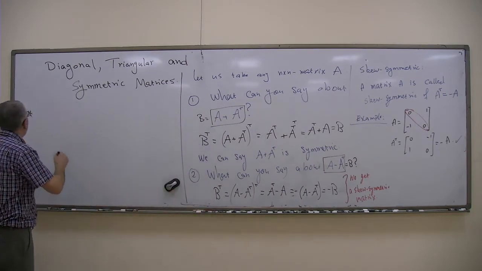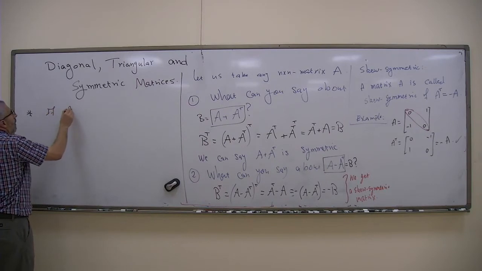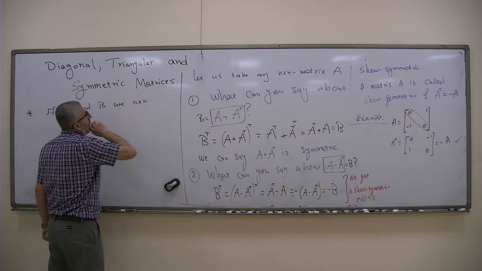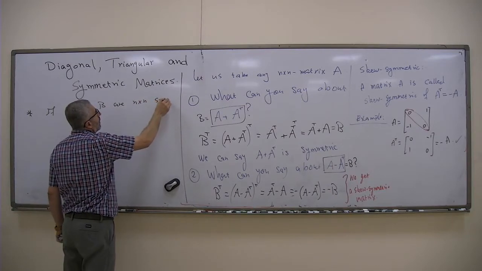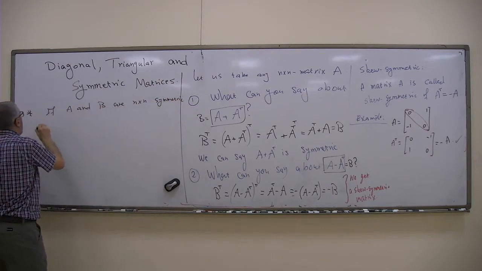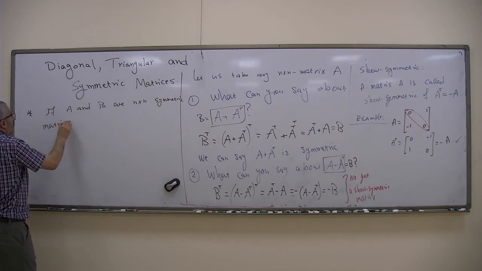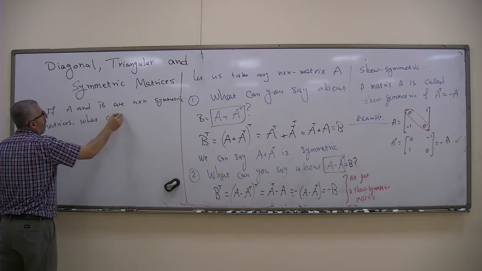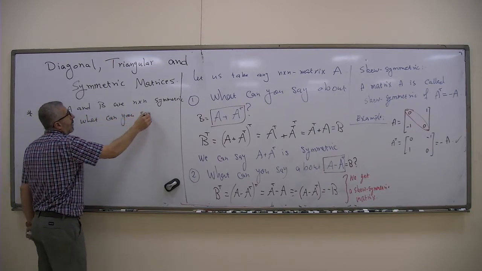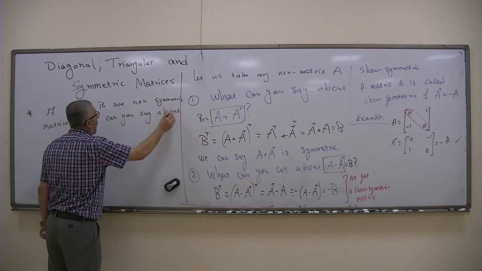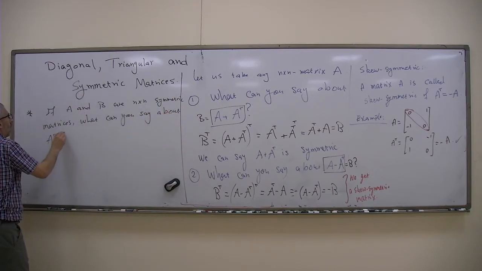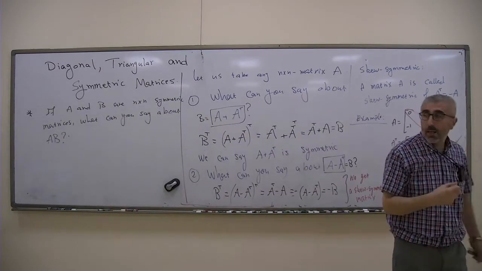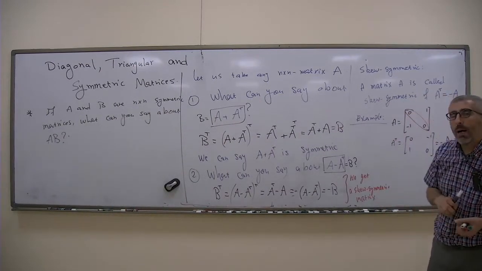If A and B are n by n symmetric matrices, what can you say about AB?